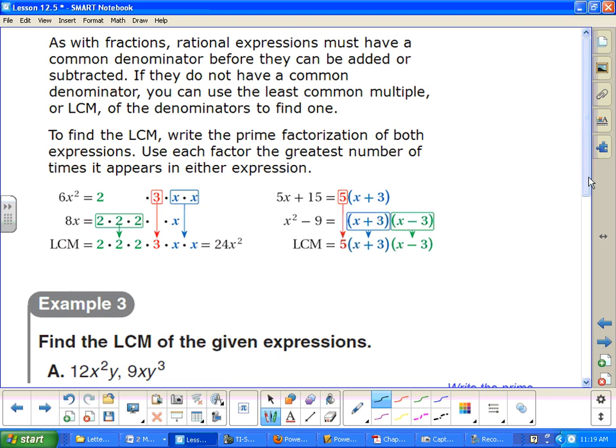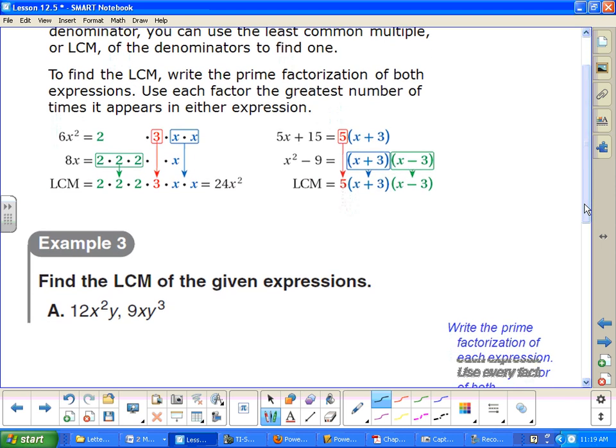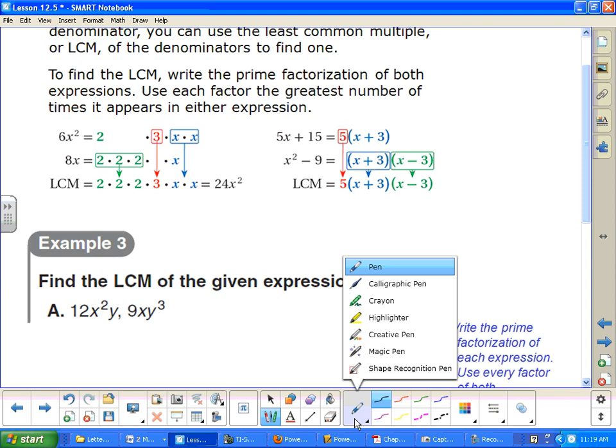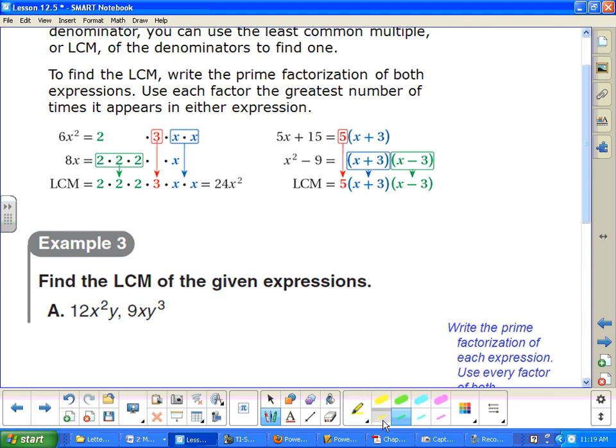So, the rules for finding the least common multiple. We want to write the prime factorization of all the expressions.